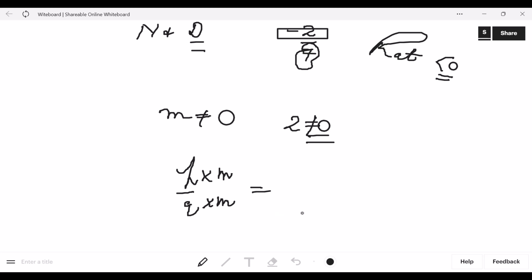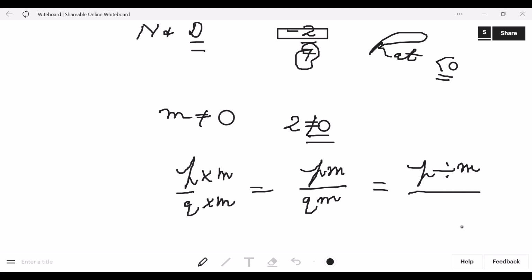The new number, that is pm by qm, will be same as p by q, or even we can divide p by m and q by m.